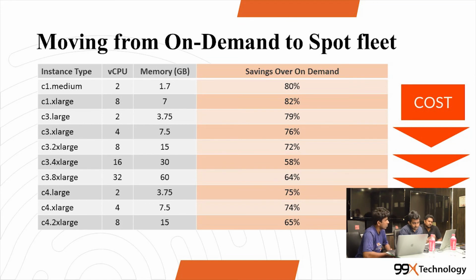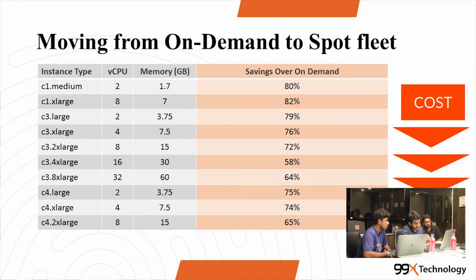What they have done is they have created a marketplace where people can place bids, and if they are within that bid, they can get some idle compute power and memory for their systems. If you look at this slide, you can get a good comparison over the cost.